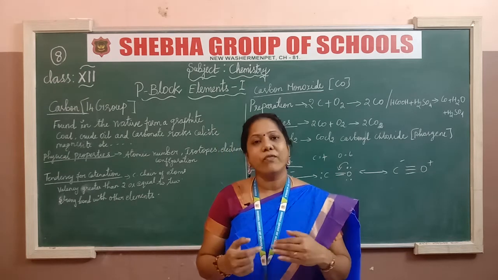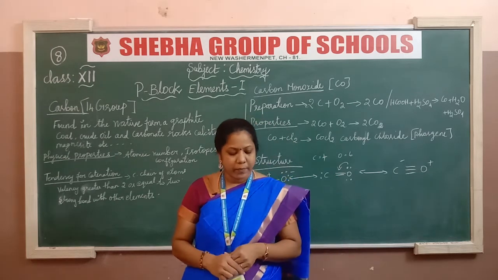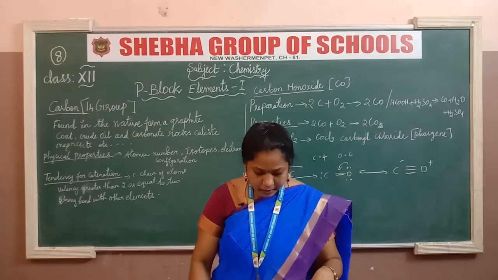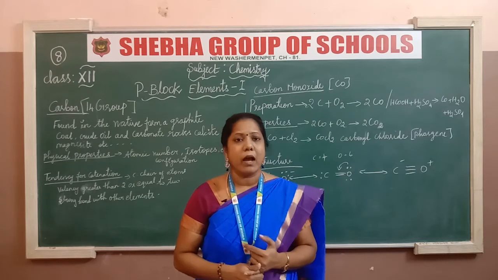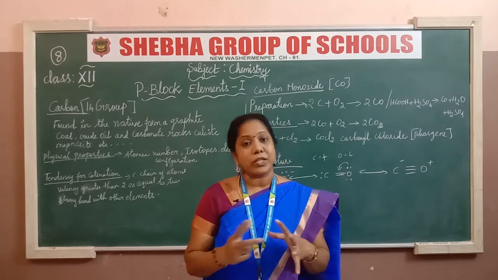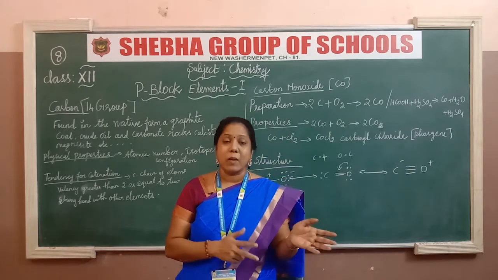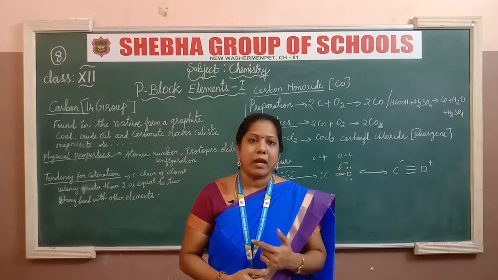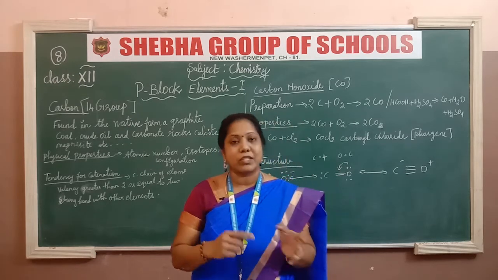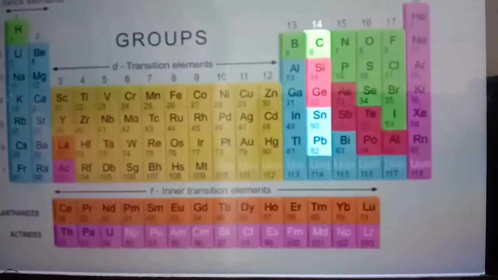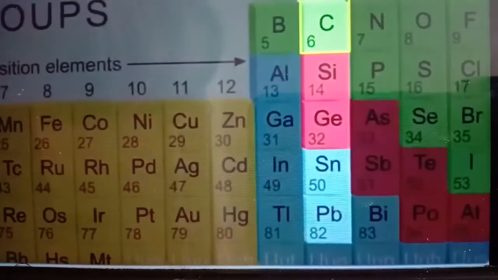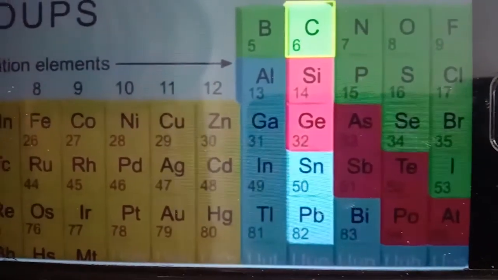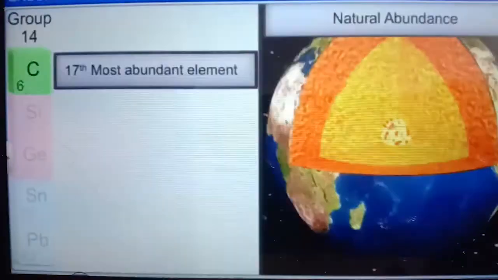So we will go for the uses of carbon monoxide as well as carbon dioxide in the next class. Before that, I want to explain the structures of some varieties of carbon. In our periodic table, the 14th family is carbon, silicon, germanium, tin and lead.